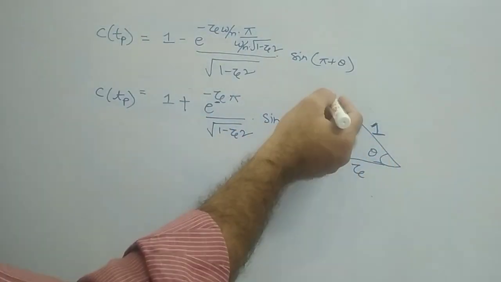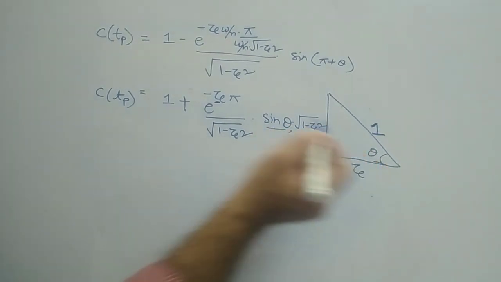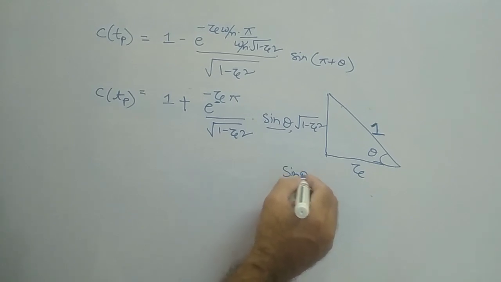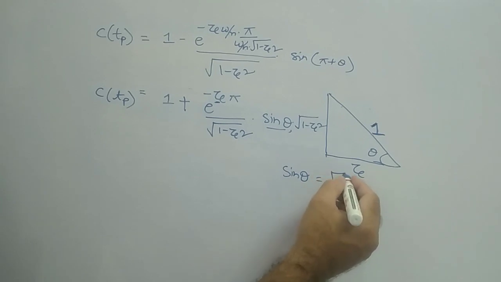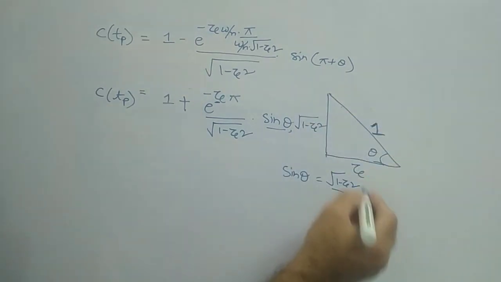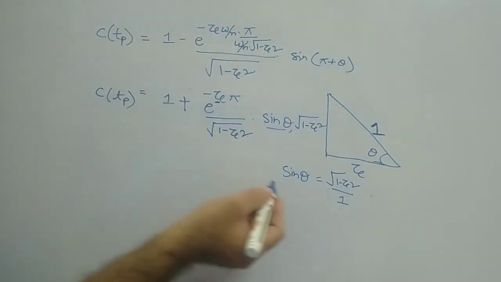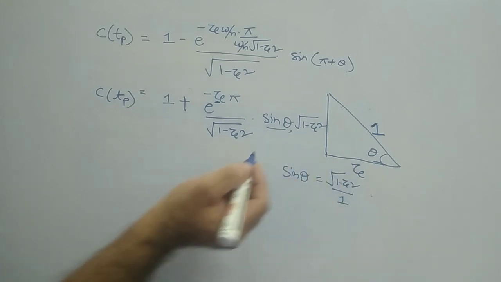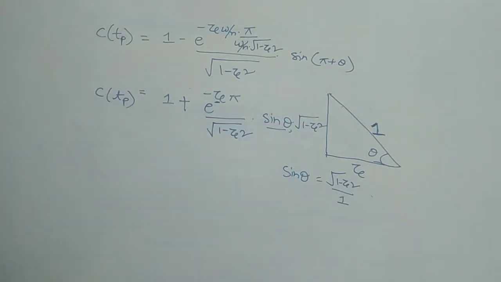From this triangle, sine theta is opposite side by hypotenuse, which is square root of 1 minus zeta square by 1. Therefore sine theta is square root of 1 minus zeta square.